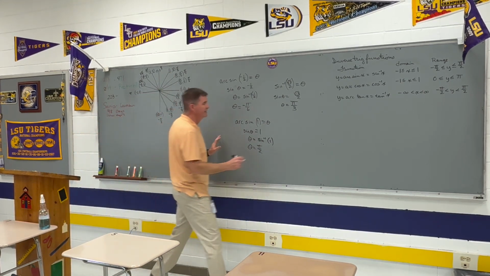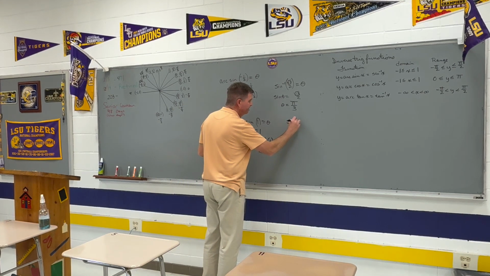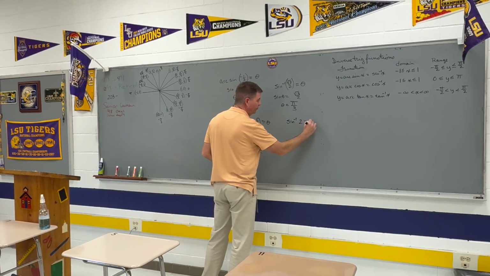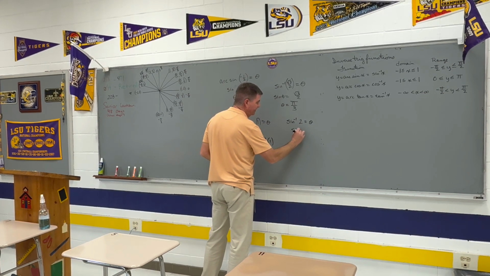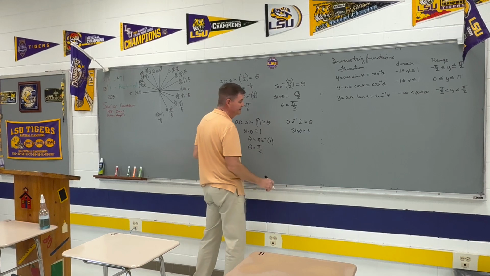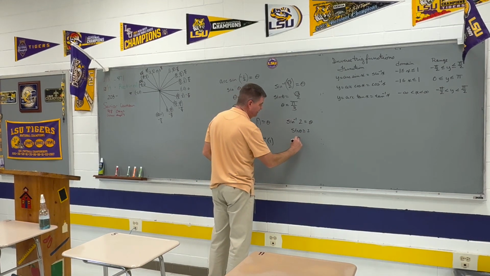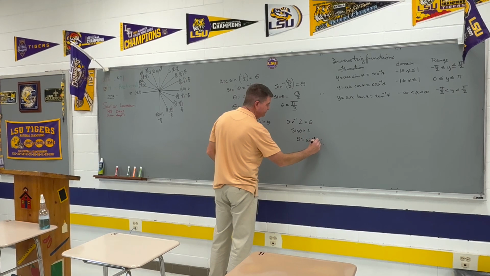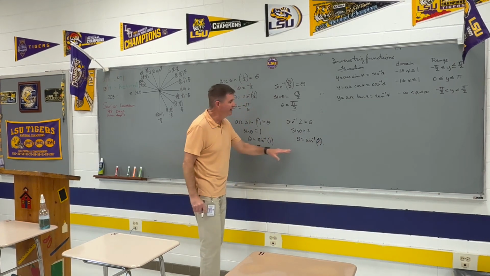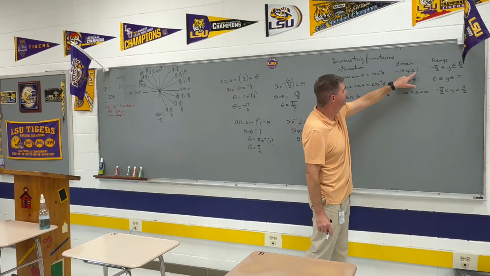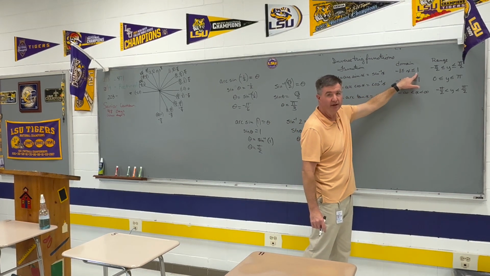If they gave us an inverse sine of 2, well, we're looking for where the sine of theta equals 2. The sine of theta can equal 2, but the inverse sine of 2 we can't have because the domain of the inverse has to be between -1 and 1.